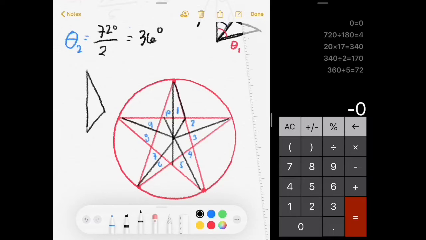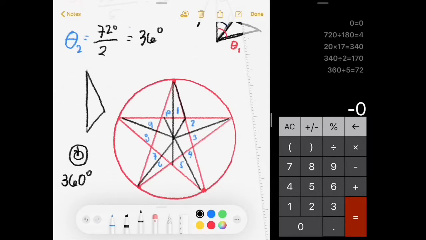Ang una natin gagawin, since meron naman naka-circle siya, we could simply get an angle from the parts of this star. So, to start first with yung buong circle, alam natin na ang isang ikot niyan, from 0 to this, that is 360 degrees.